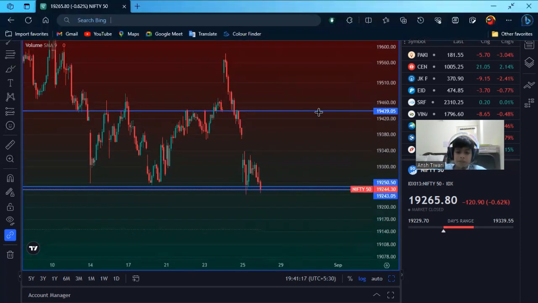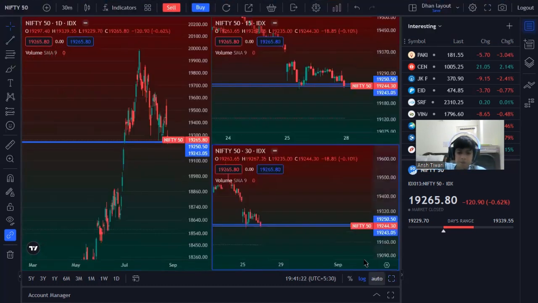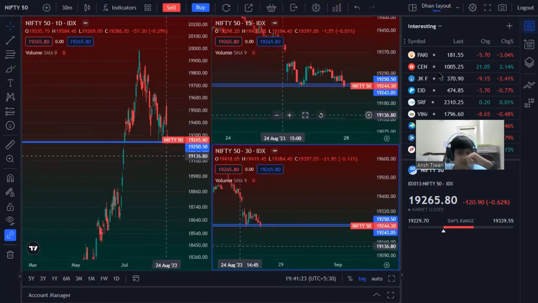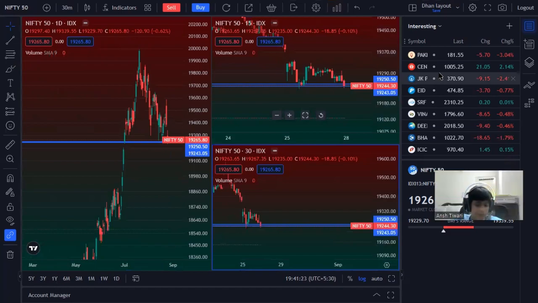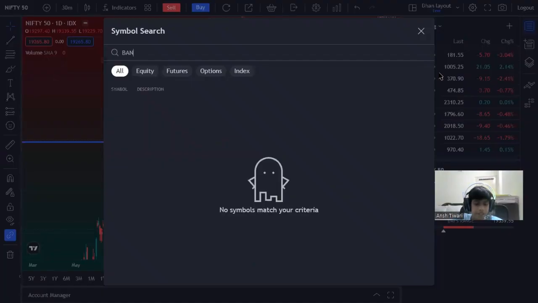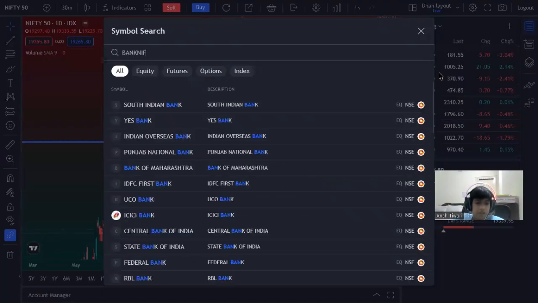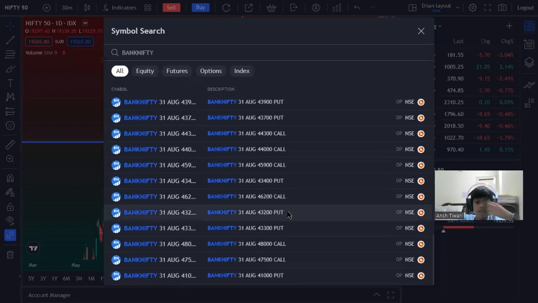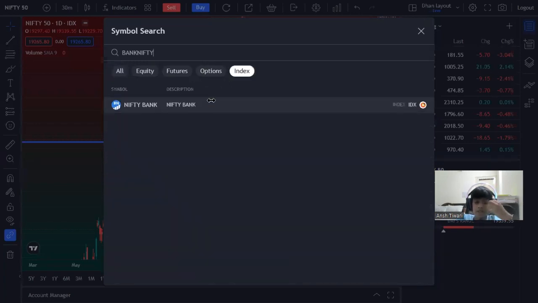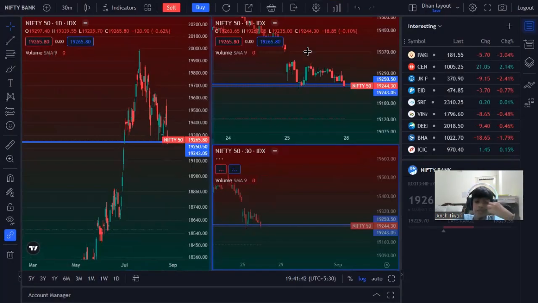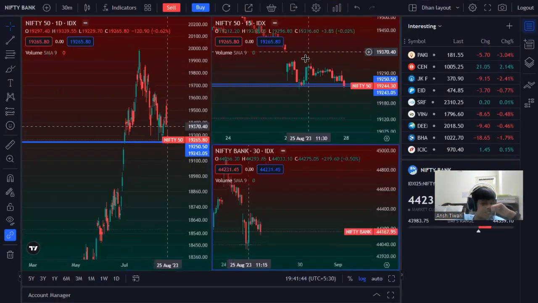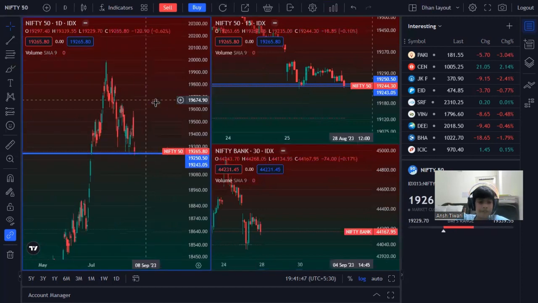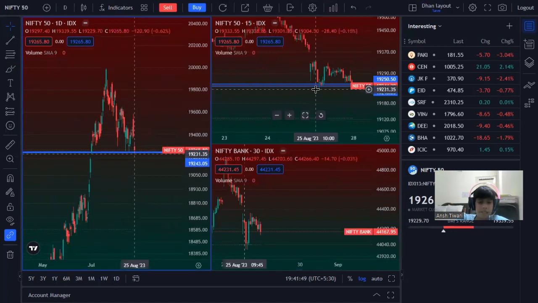So let me remove this line. Okay. So the next stock we will be looking at will be Bank Nifty. Now in Bank Nifty, we can see the example.